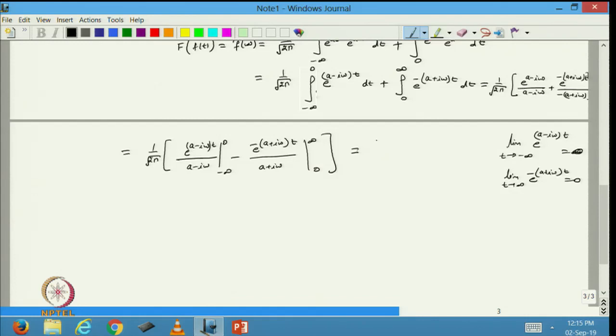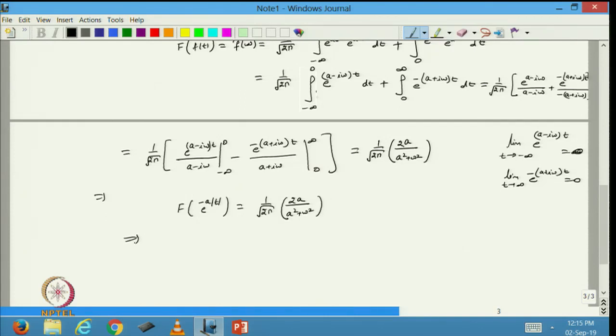So, from here if I solve it further, I will get this expression: 1 over under root 2 pi, 2a over a square plus omega square. So, from here I can say that the Fourier transformation of e raised to power minus a mod t will be equal to 1 over under root 2 pi, 2a over a square plus omega square.